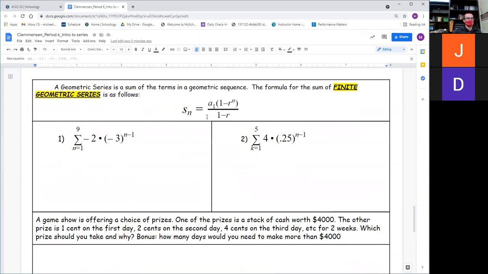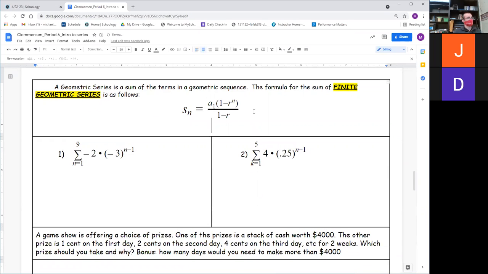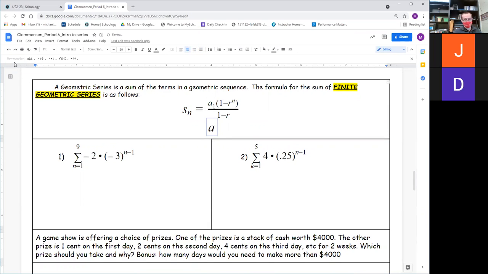This is the formula for it. A sub 1 times 1 minus R to the n over 1 minus R. Let's write out what some of these things are. So again, my A sub 1 is my initial value.